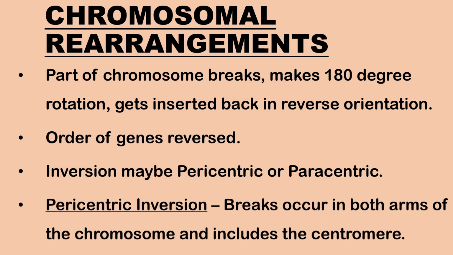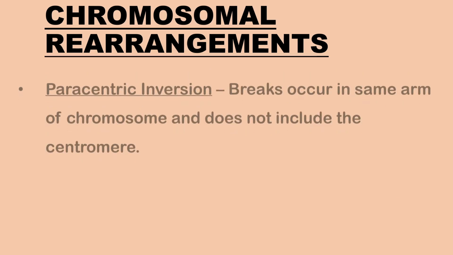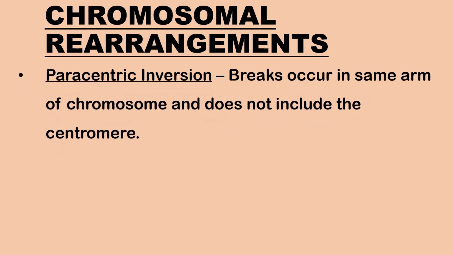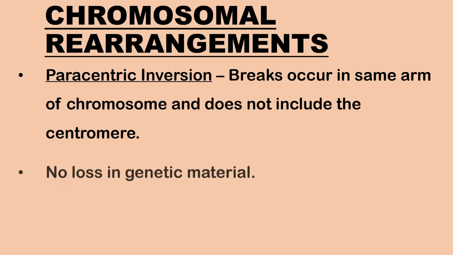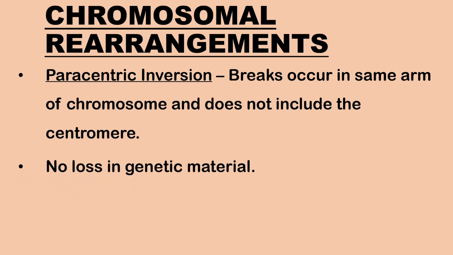In pericentric inversion, breaks occur in both arms of the chromosome and it includes the centromere. In paracentric inversion, the breaks occur in the same arm of the chromosome and do not include the centromere. There is no loss in genetic material in this arrangement.